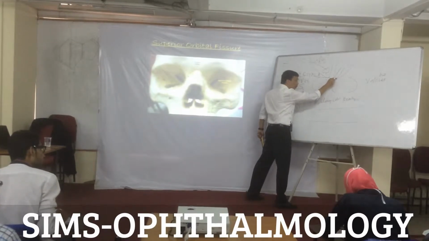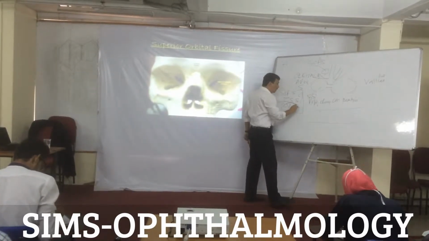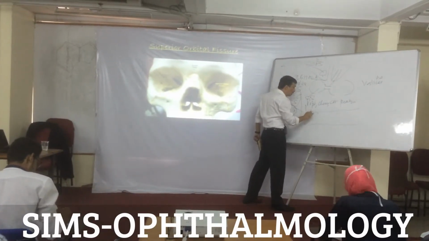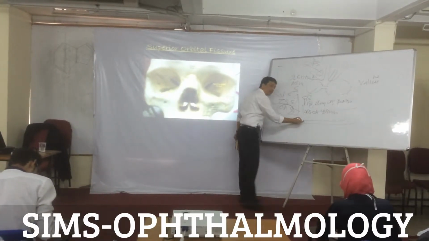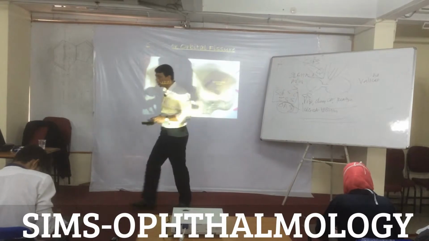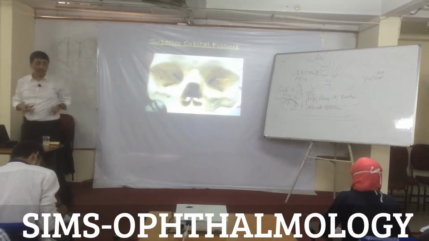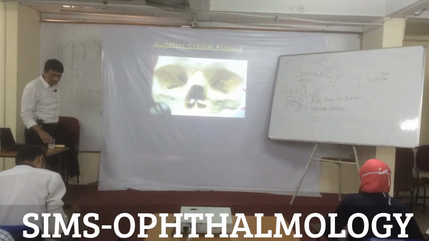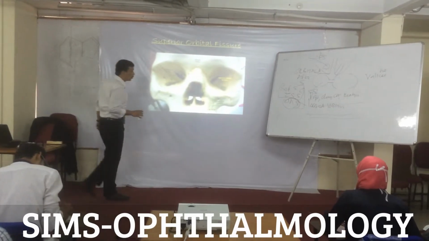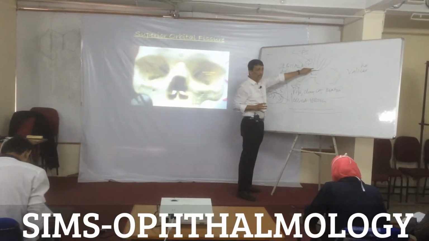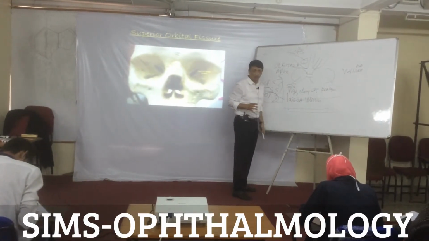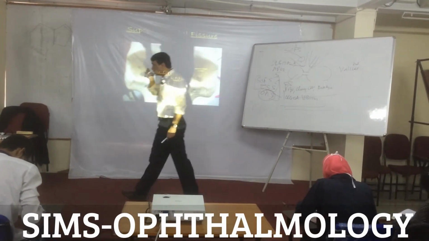So in orbital apex syndrome we have an extra feature: loss of vision. Very important marker. Please remember that if you have loss of vision along with proptosis, chemosis and paralysis, then it is going to be orbital apex syndrome because the optic nerve gets involved. The other two will not have loss of vision.